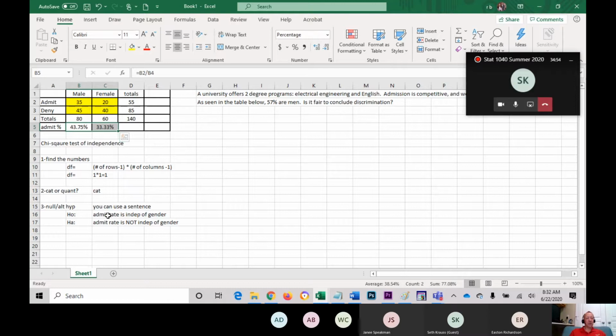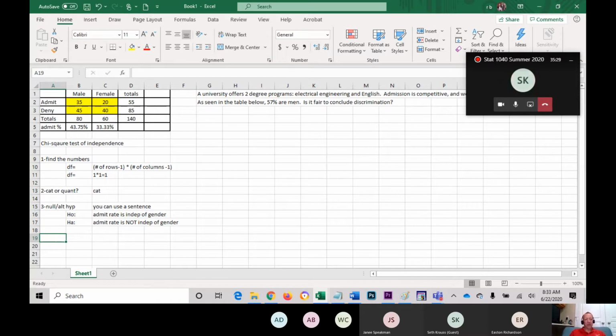So this is one of those weird things where we don't say dependent, we say not independent, and the reason why is just, number one, statisticians are a little bit anal, and we just do that, okay? All right, so any questions on step number 3? Okay, I'll take that as a no.